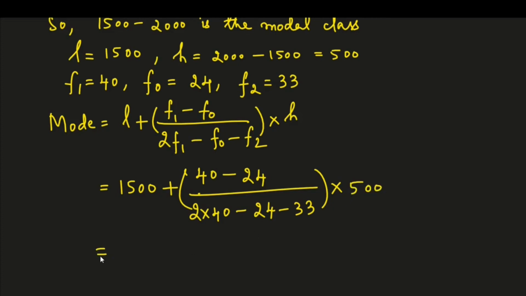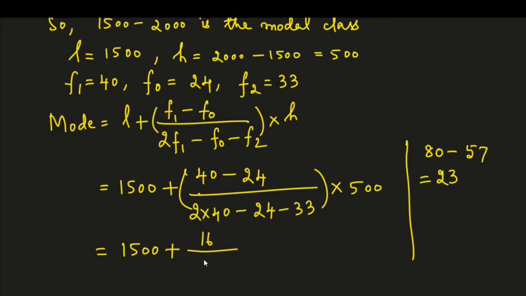Now let us simplify and calculate the mode. 1500 plus 40 minus 24 is 16, by 2 into 40 is 80, minus 24 minus 33 is minus 57. 80 minus 57 is 23. So here we get 23, into 500.